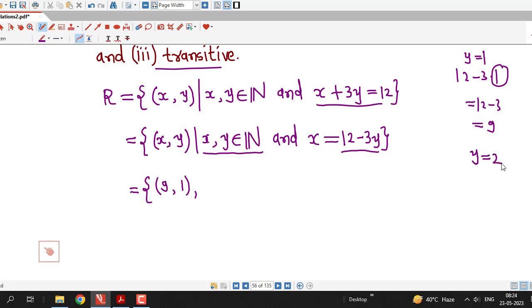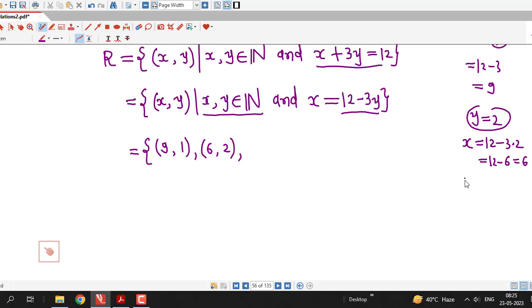Suppose I put y equal to 2 in this equation, then I will have x equal to 12 minus 3 into 2, that is 12 minus 6, which is 6. For y equal to 2, the value of x is 6. So another ordered pair is (6, 2).